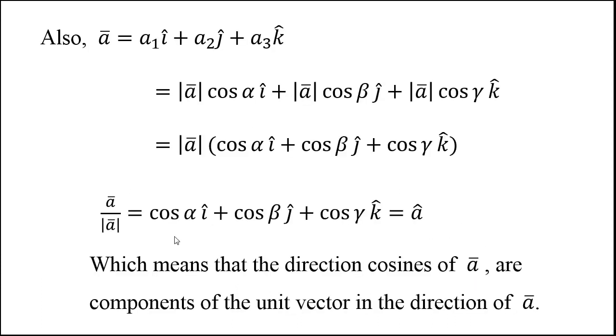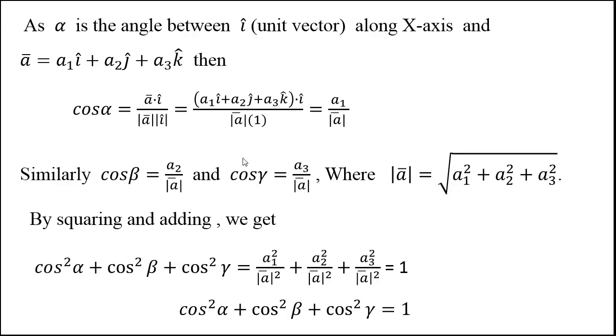Now this vector a bar is a1 i plus a2 j plus a3 k, and this a1 is equal to a cos alpha. In the previous slide we have seen cos alpha is equal to a1 upon a. I read this magnitude of a bar as a.